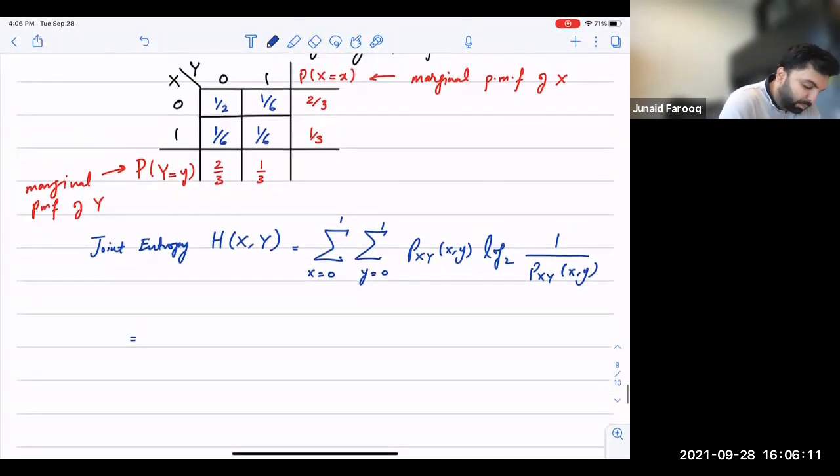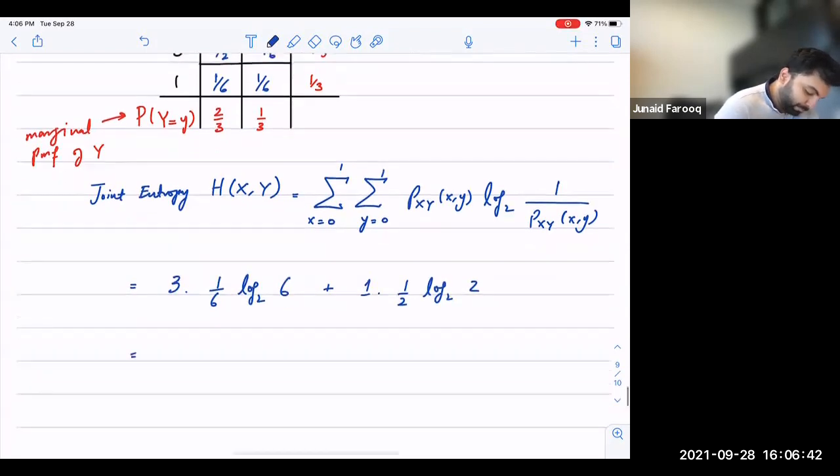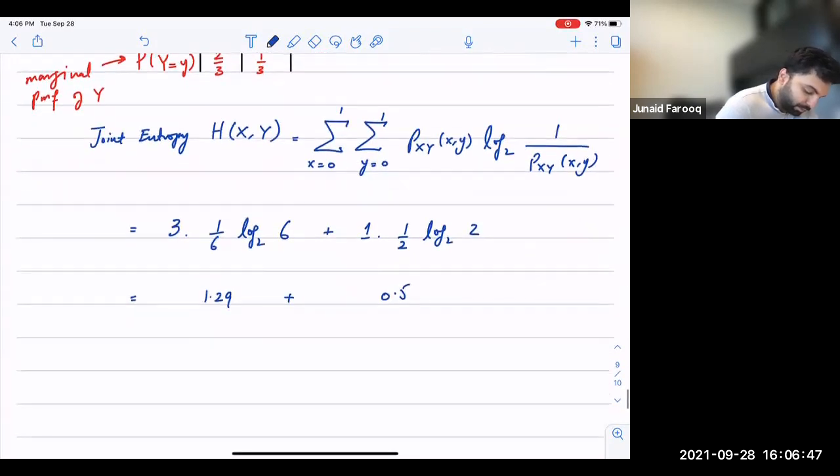So basically we have to add over all these 4 terms, but 3 of them are the same, so we can just say it's 3 times 1/6 log 2 of 6 plus 1 times half log 2 of 2, right? So this is 1.29, this is 0.5. So it turns out to be 1.79 bits.